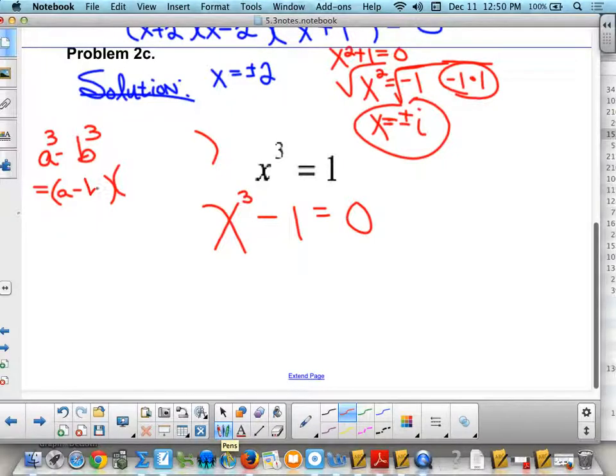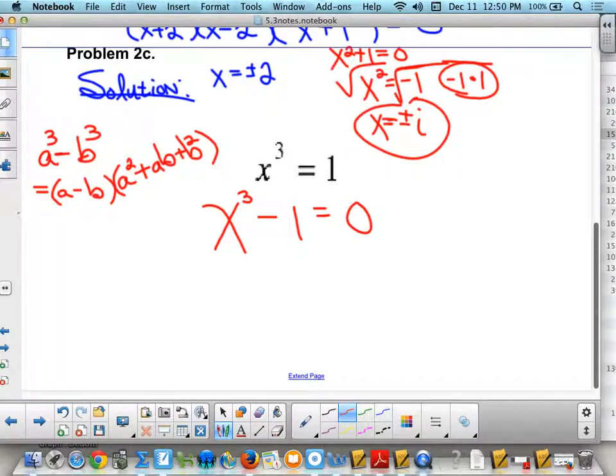A minus b, a squared plus, remember if this is a minus, the middle term is plus. Plus what? AB plus b squared. If you can follow that pattern, you will get the factors. And then you're done. Well, not quite. You got to pull out the solutions.